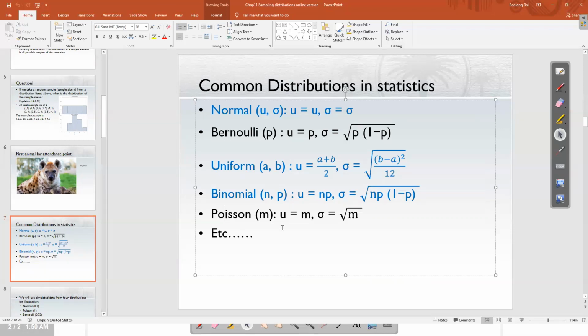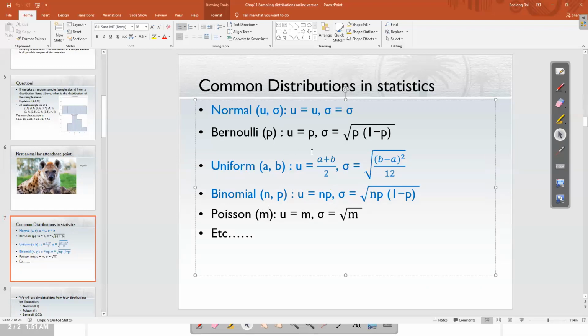Poisson distribution is also a discrete distribution like a binomial, but the difference is binomial distribution has a fixed number of n, right? But the Poisson distribution doesn't. So the sample space will be from 0, 1, 2, 3 up to infinity, but it has to be a whole number. And binomial distribution has to stop at the cap, the fixed number of n. But Poisson distribution, there's no cap.